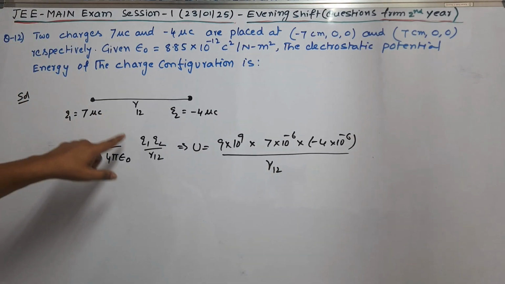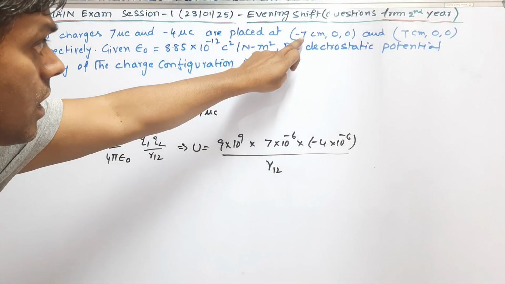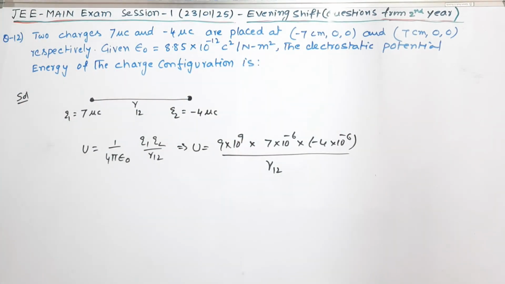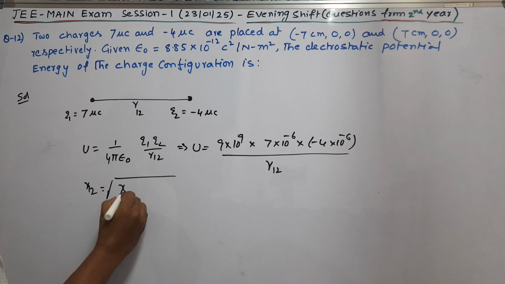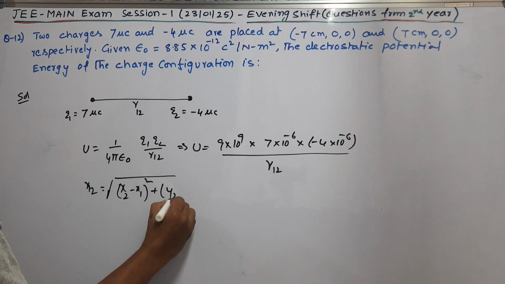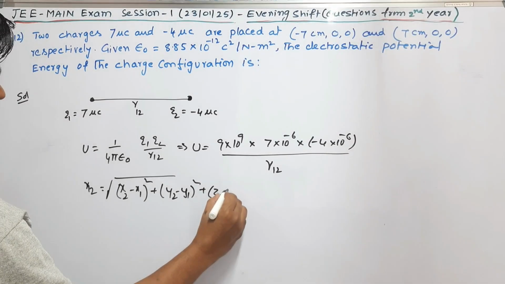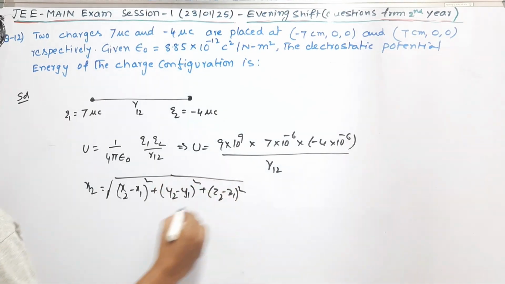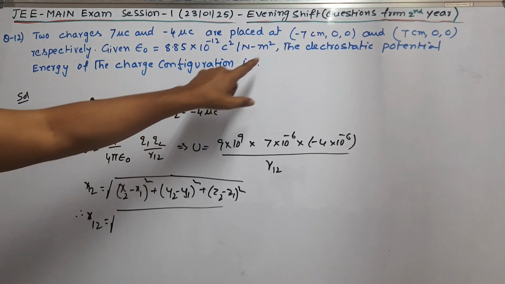Here R12 is the distance between these two charges, but their position vectors are given, so R12 is equal to the square root of x2 minus x1 whole square plus y2 minus y1 whole square plus z2 minus z1 whole square.